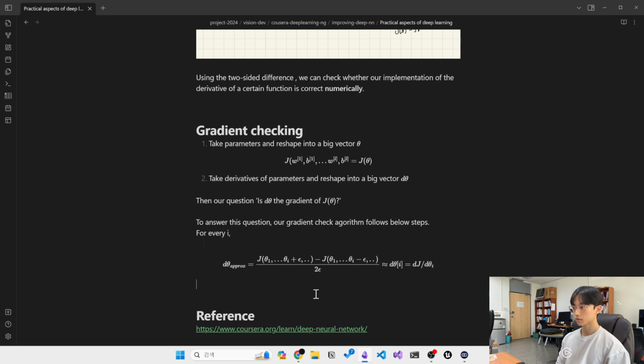When you implement this in practice, I use epsilon equals maybe 10 to the minus 7, so 1e-7. With this range of epsilon, if you find that this formula gives you a value like 10 to the minus 7 or smaller, then that's great.